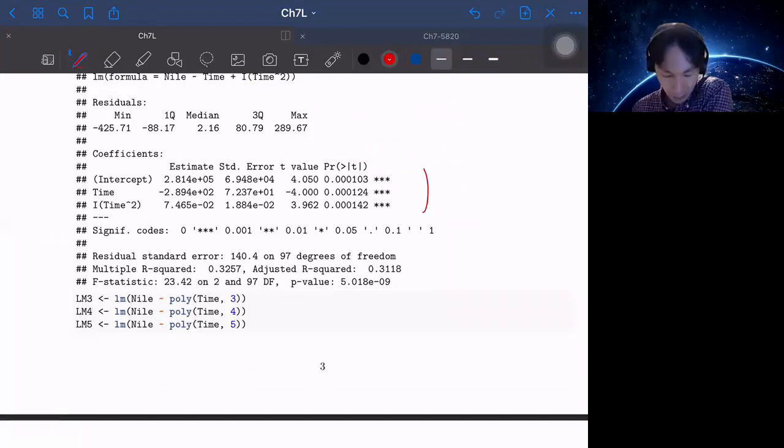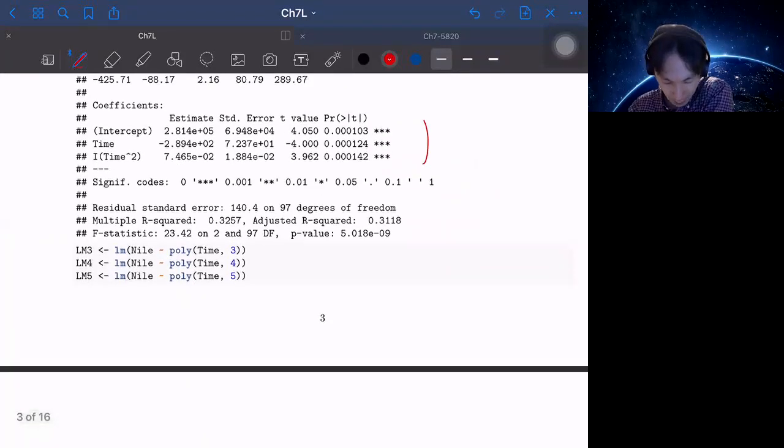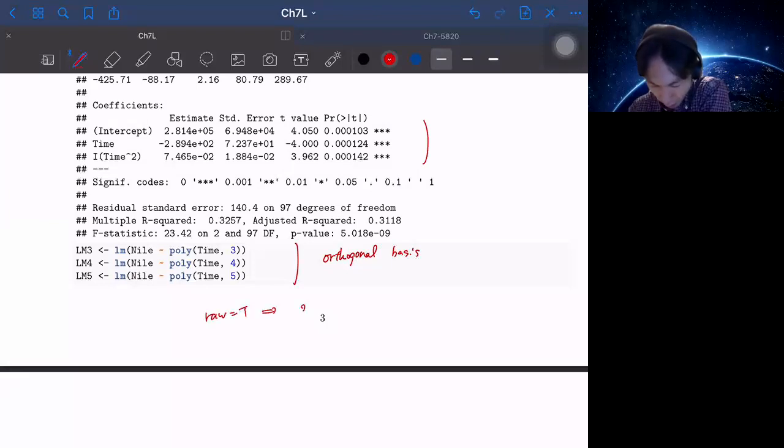And we got the same result. Then we can do this 3rd degree, 4th degree, 5th degree polynomial. So these are orthogonal bases. So we have seen, if you put raw equal to T, then this becomes the non-orthogonal basis, x squared, x cubed, and so on.